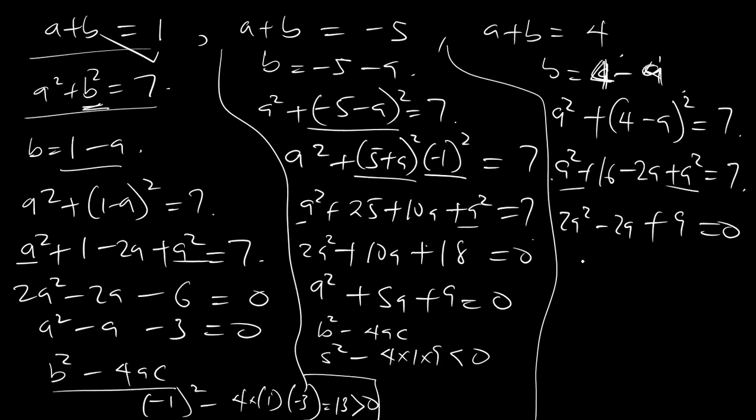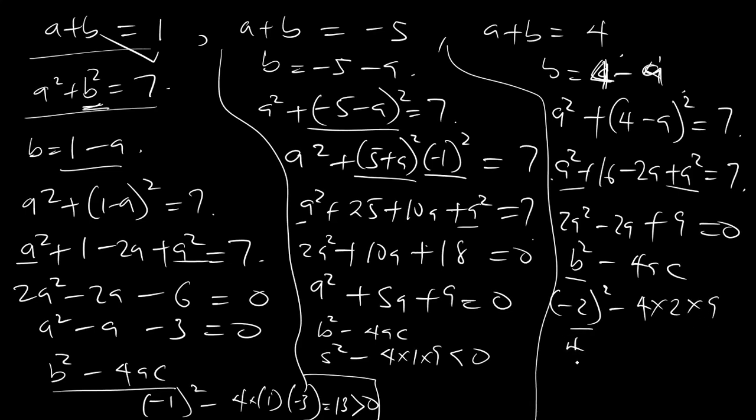So what we're going to do now is use b square minus 4ac. Now b is minus 2 all squared minus 4 times 2 times 9.